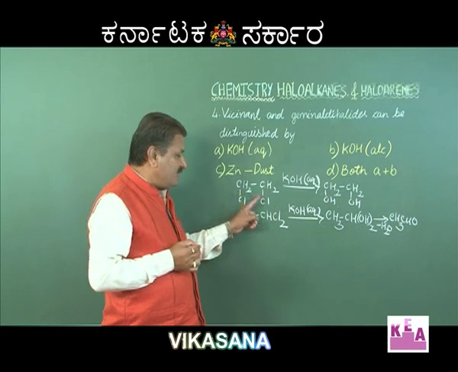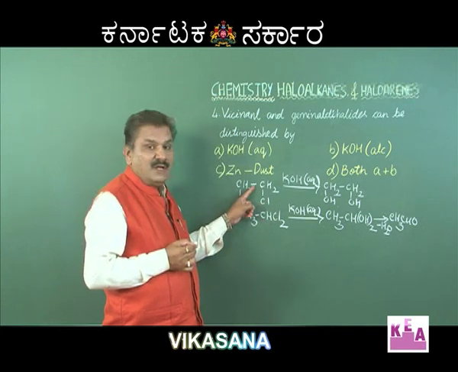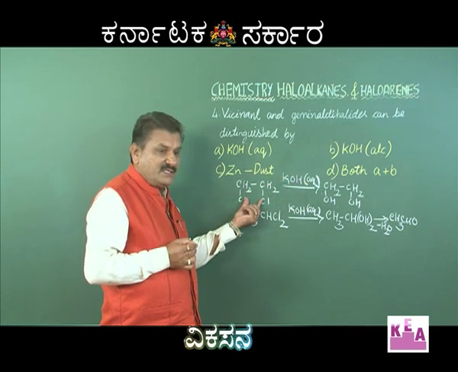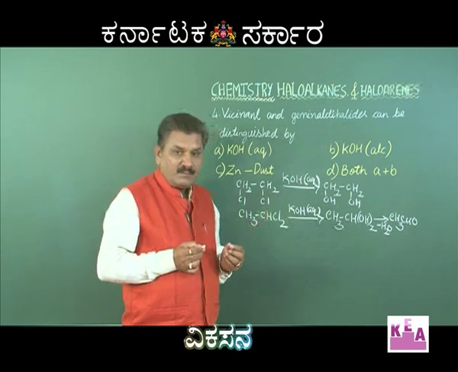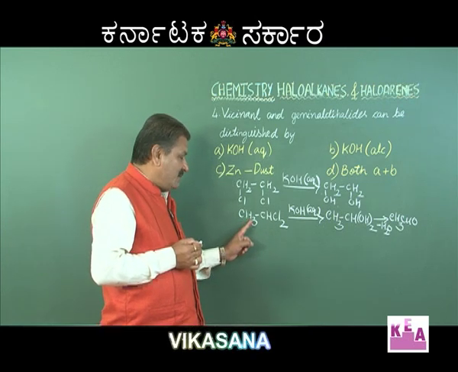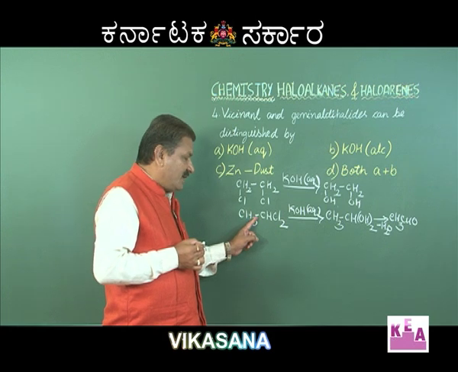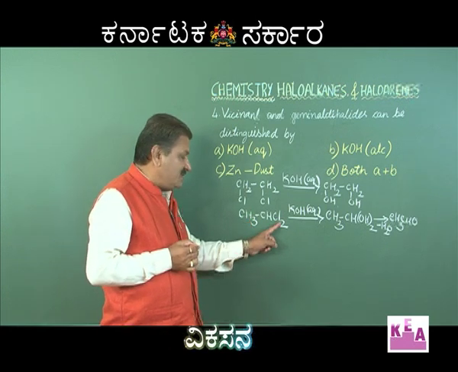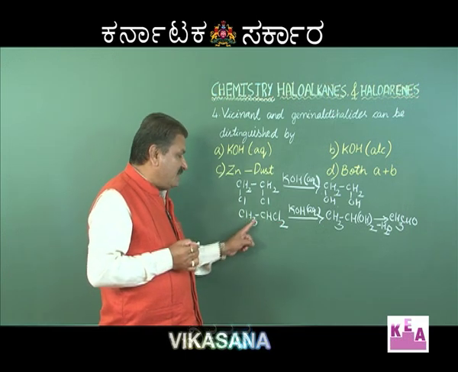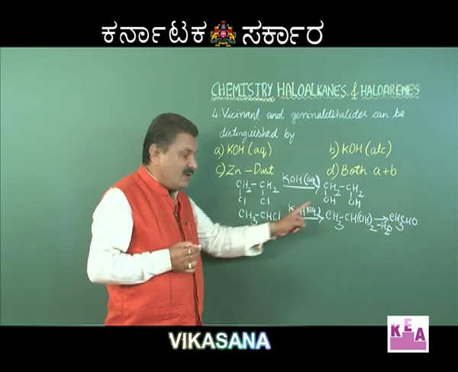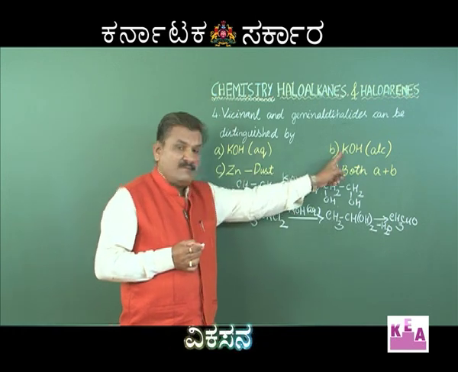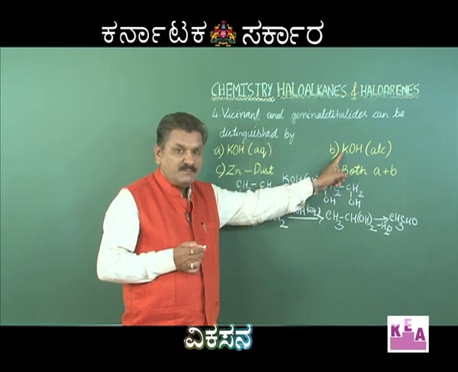Further, this H and this Cl form alkyne. Even the geminal one, in the first step, this H and this Cl are removed, then in the second step one more H and Cl are removed. Again we get alkyne. Both give alkynes with alcoholic KOH.